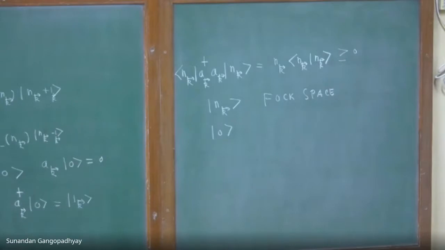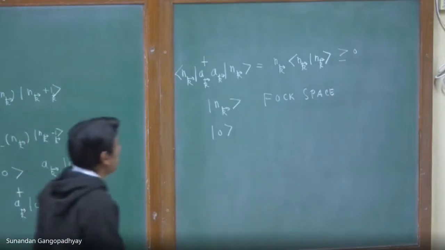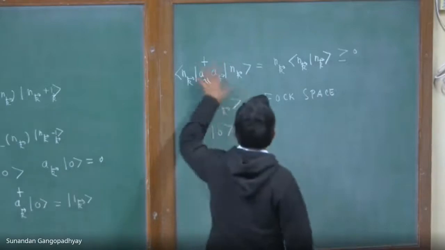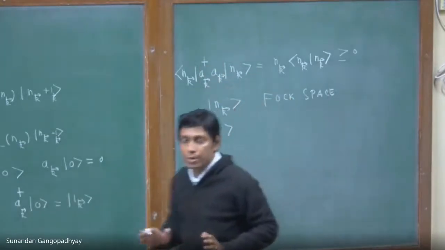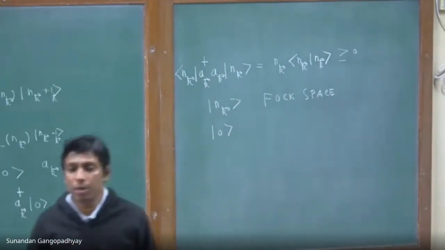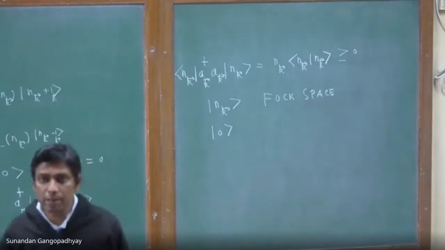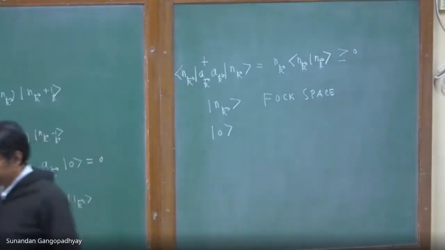It is basically an infinite dimensional Hilbert space, and such an infinite dimensional number representation Hilbert space is said to be a Fock space.